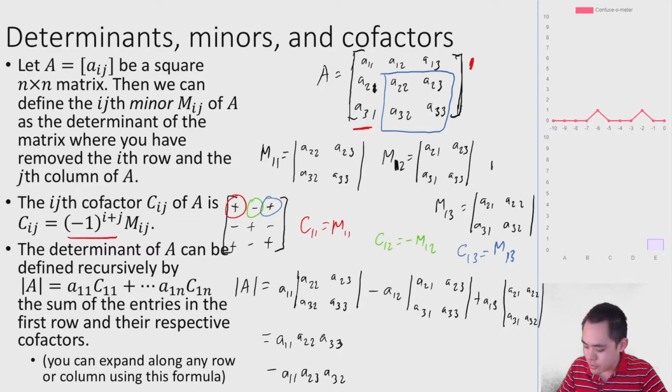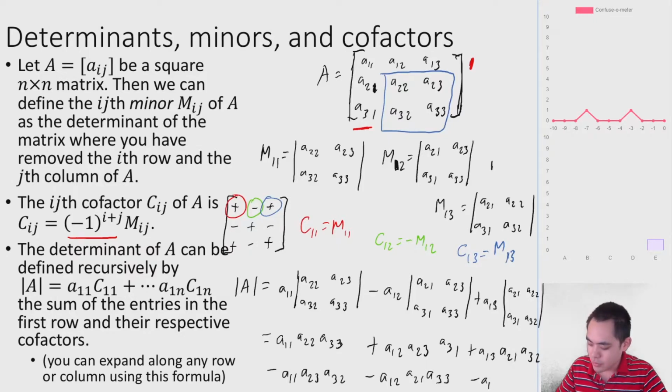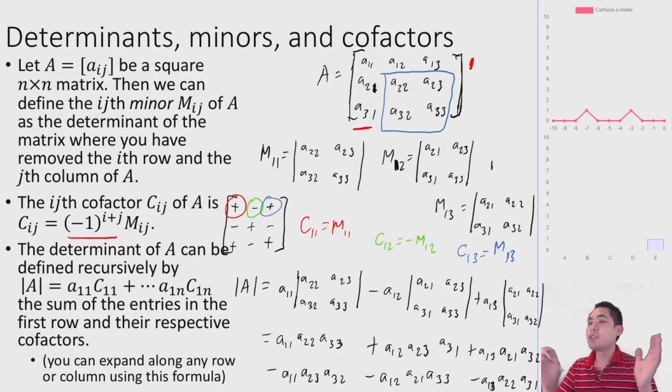And here, note that you're subtracting A12 times A21 times A33, and you're adding A12, A23, and A31. Here you are adding A13, A21, A32, and subtracting out A13, A22, and A31.